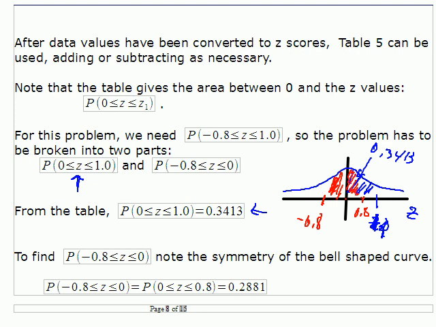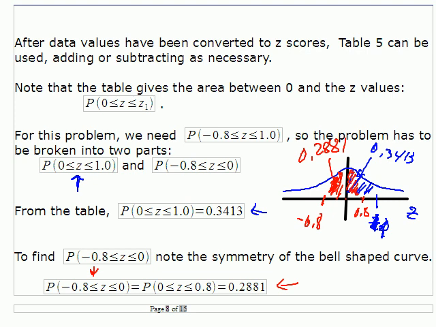So the probability that the value lies between minus 0.8 and 0 is the same as the probability that the value lies between 0 and 0.8, which is 0.2881. So I know that this area by symmetry and by the table is 0.2881.